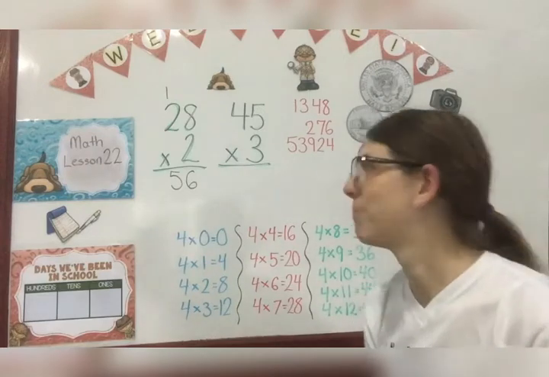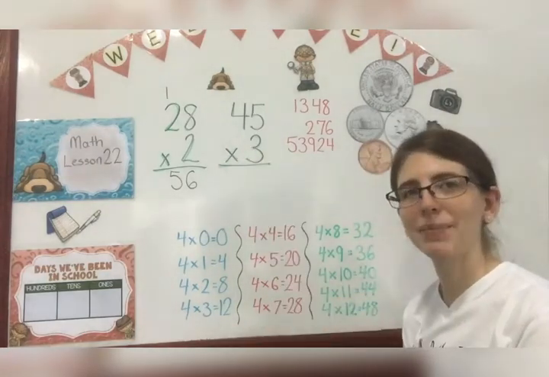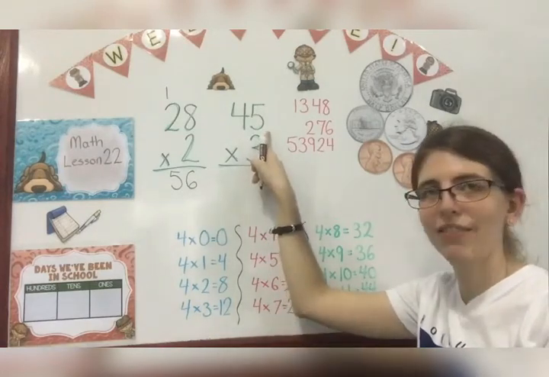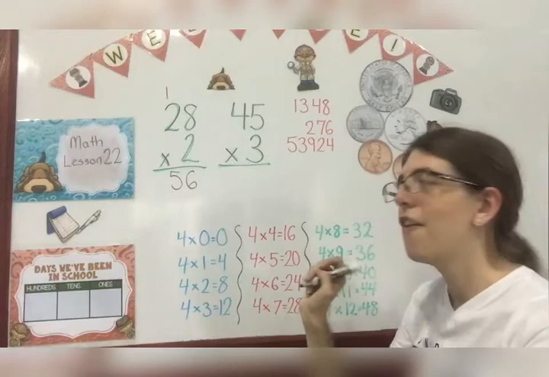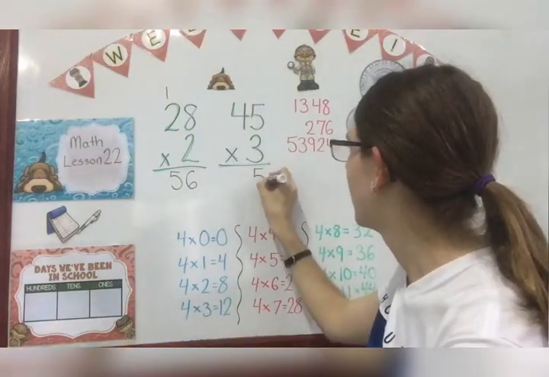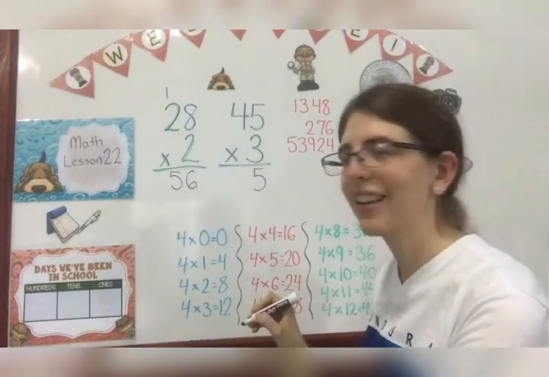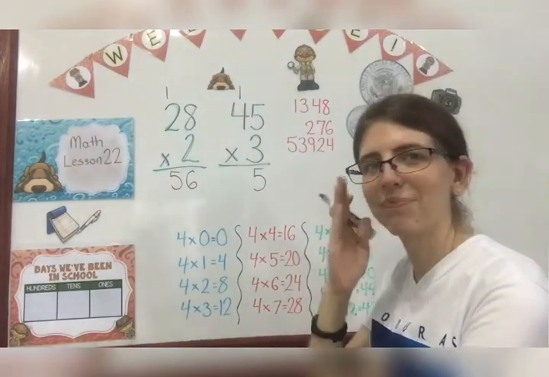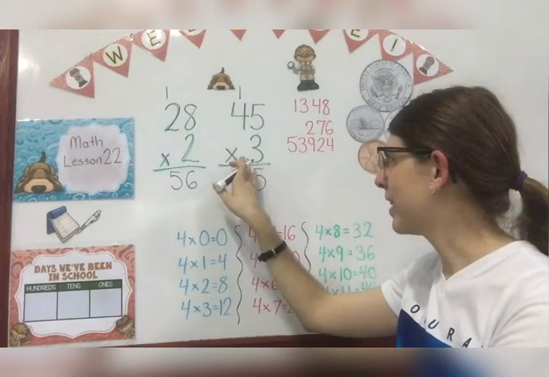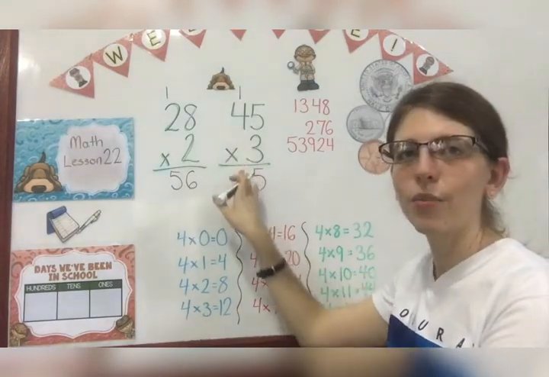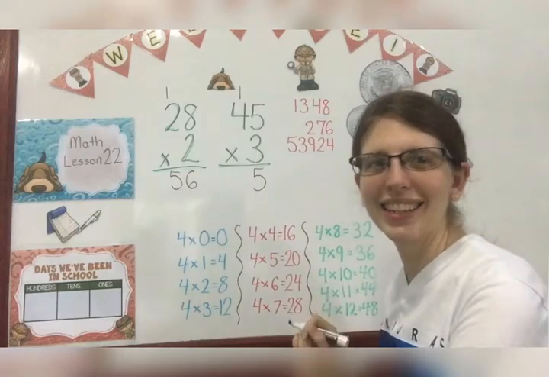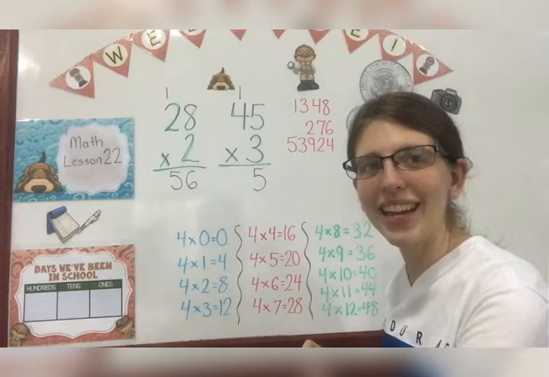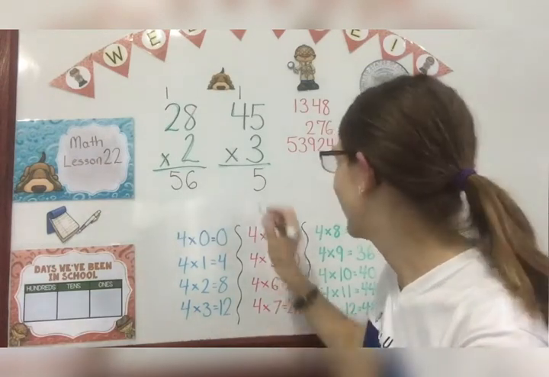Let's look at another one. 45 times 3. Let's multiply. 3 times 5 is 15. So I put my 5 down here and I carry the 1, just like in adding. Now I multiply. 3 times 4 is 12, plus the 1 that I carried is 13.